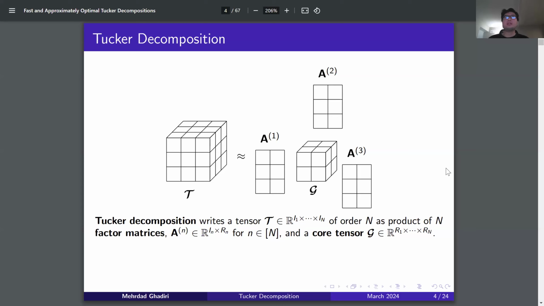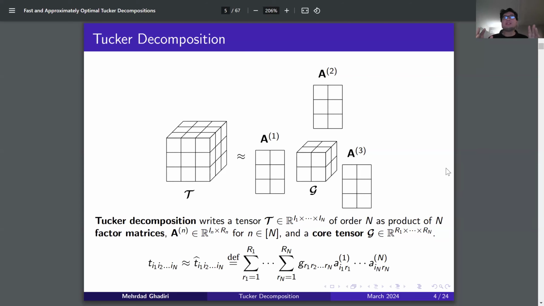And then how do I reconstruct the tensor? There is this formula which looks very complicated, so let me explain it in simpler terms. Essentially, take the core tensor G, slice it up in one way to get a bunch of matrices, then multiply A1 with those matrices. So those are 2 by 2 matrices.